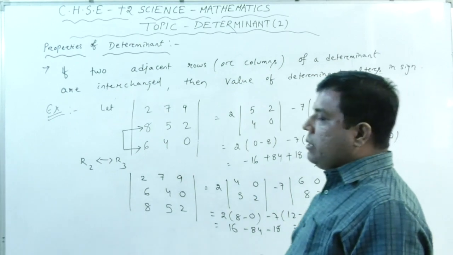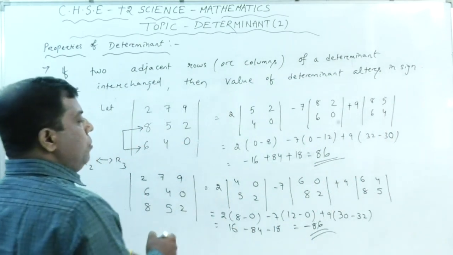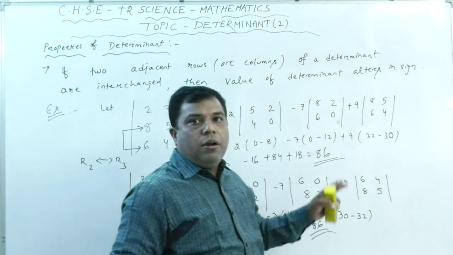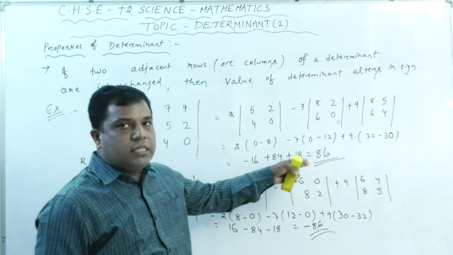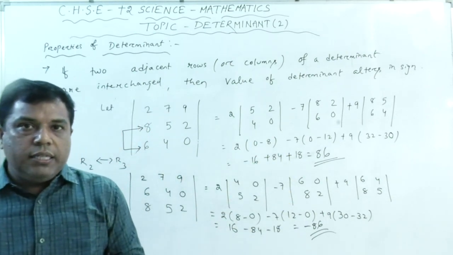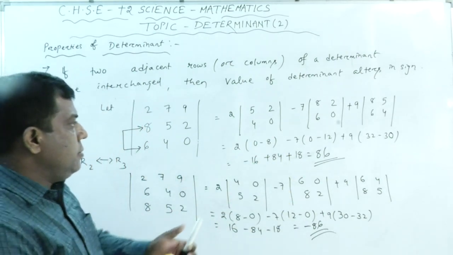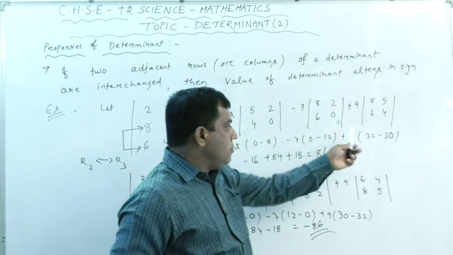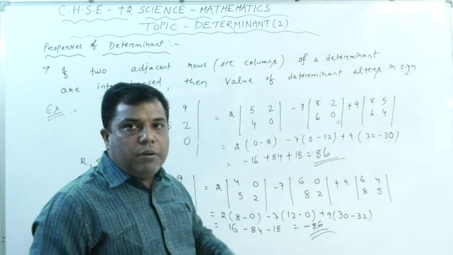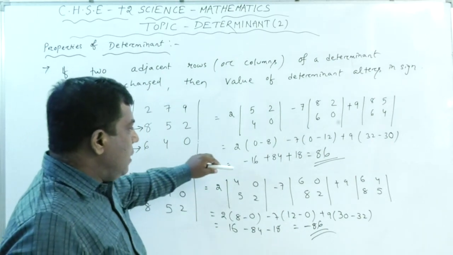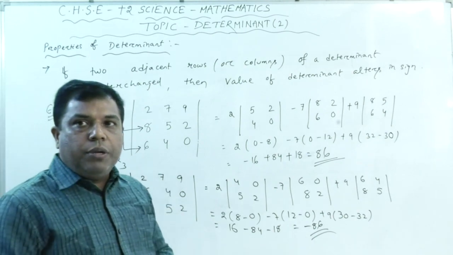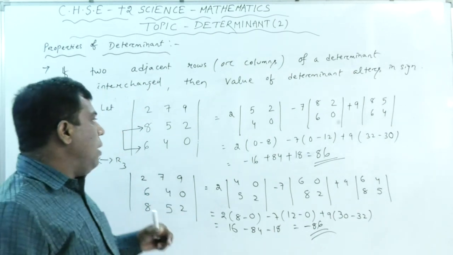Both the determinants are what in value. We are interchanging these two and the sign alters. The sign changes from plus to minus. Clear, dear students? There is a mistake, that's why we are taking some time. And you now understand the concept of how the value of the determinant changes if we interchange any two adjacent rows.